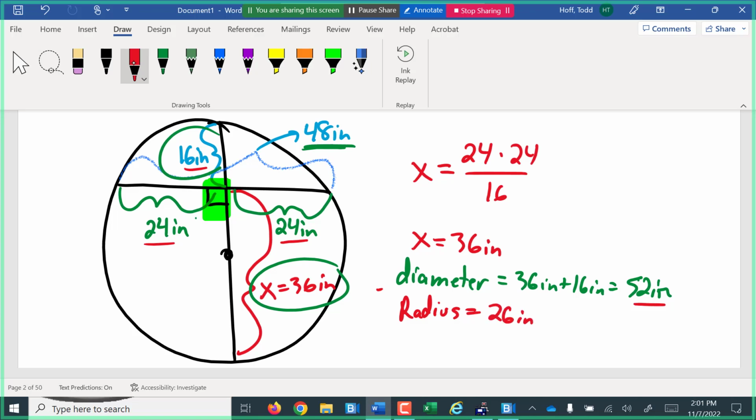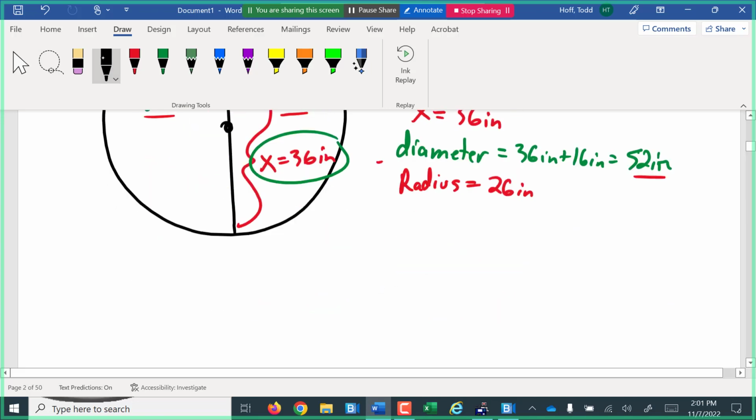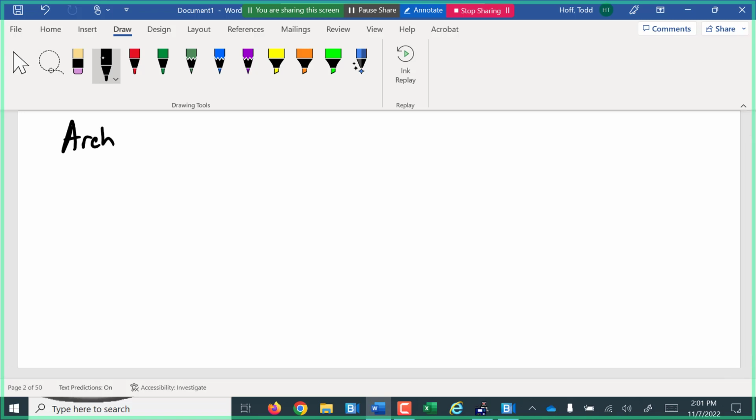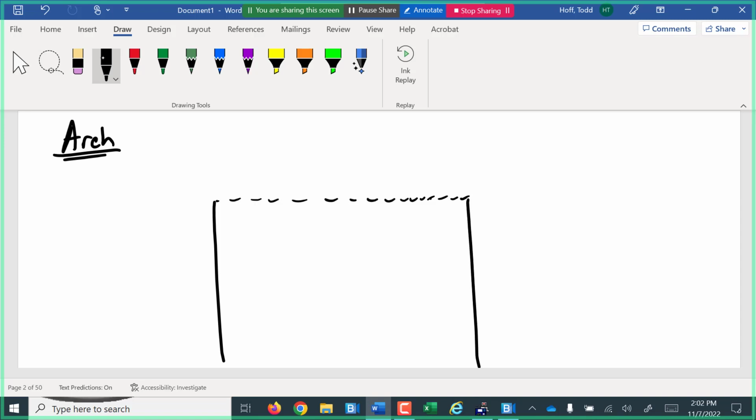So I made a big deal of this a few minutes ago. Why is this so important in construction? Well, because in construction, one common structure is an arch. So if I have a doorway, and let's say this doorway, it's an entryway, a passageway between a living room and a dining room.